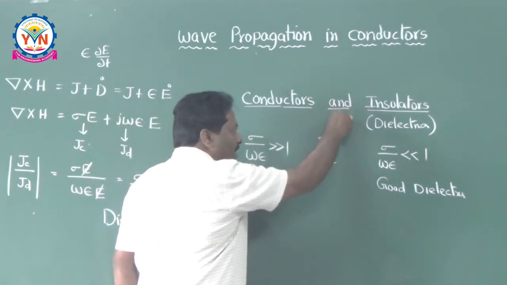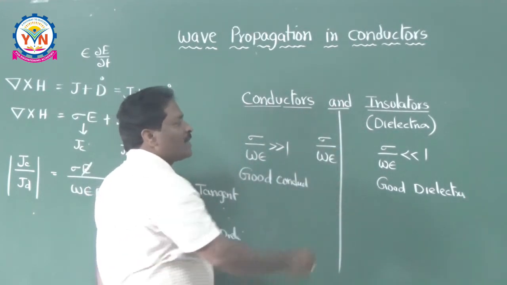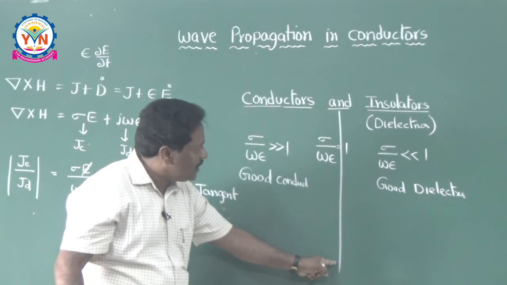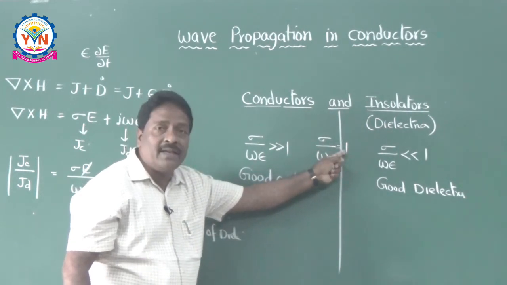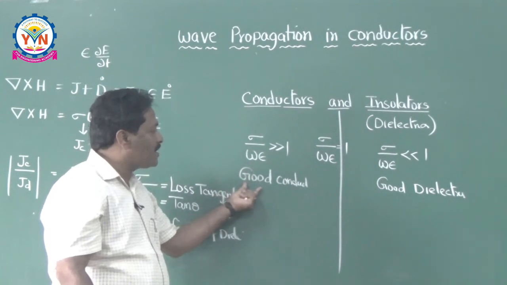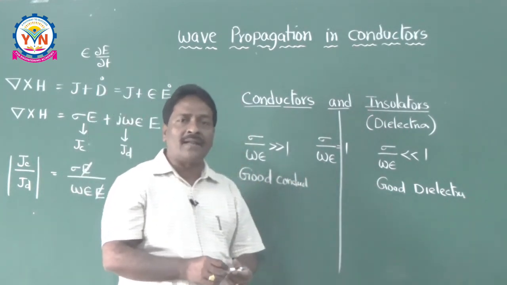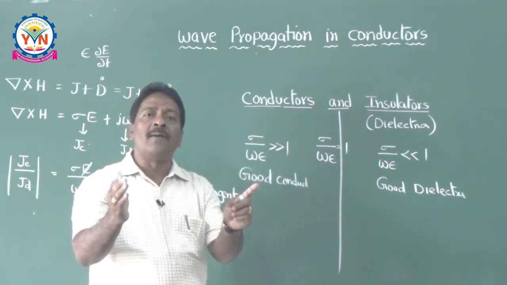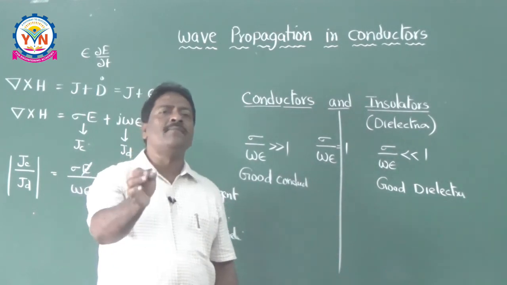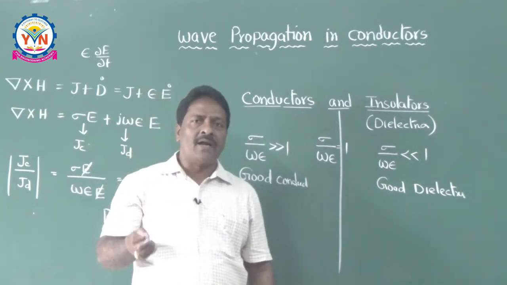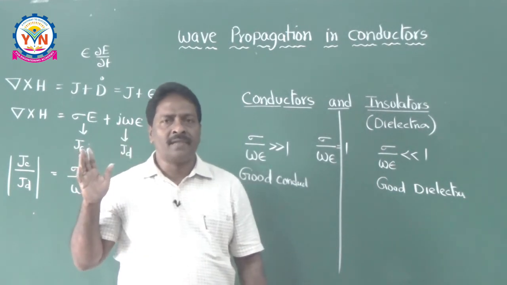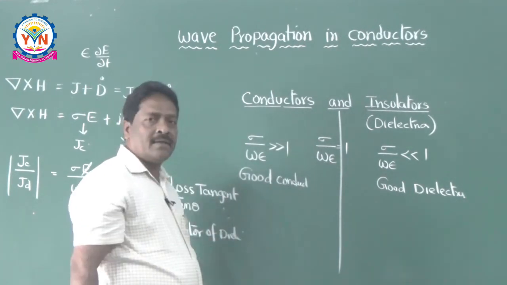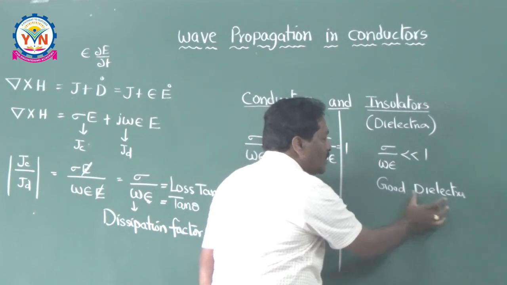If sigma by omega epsilon is equal to 1, at the boundary, we cannot say whether the medium is a good conductor or a good dielectric. If the medium is not given in your problem, calculate sigma by omega epsilon first. If it is very much greater than 1, consider it a good conductor. If it is very much less than 1, consider it a good dielectric.